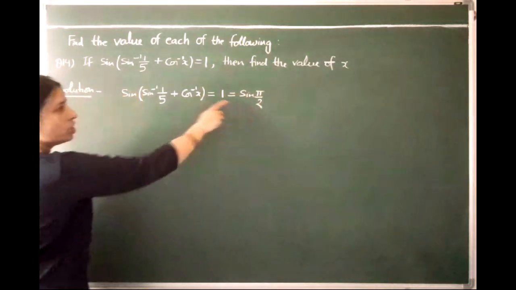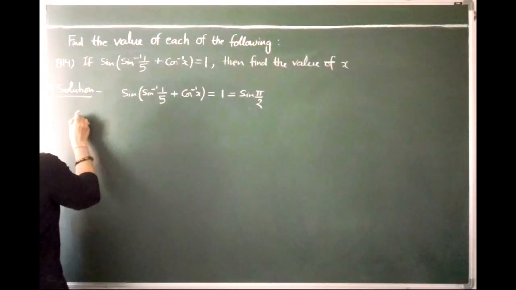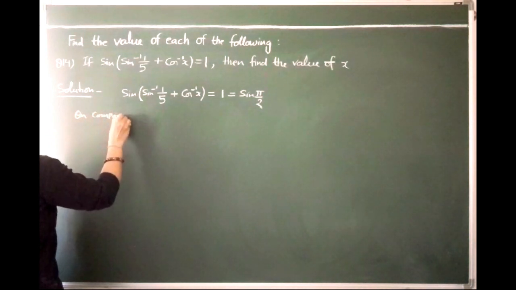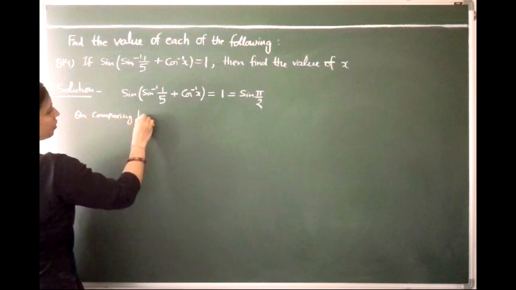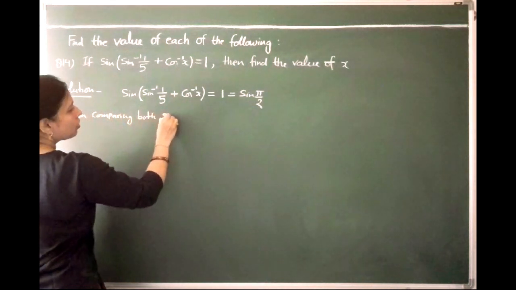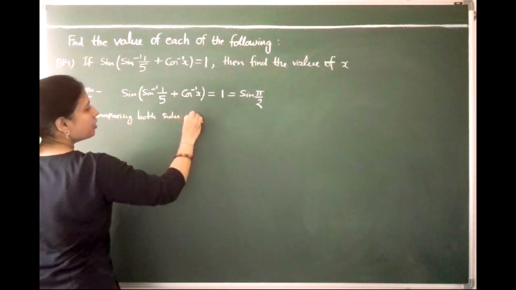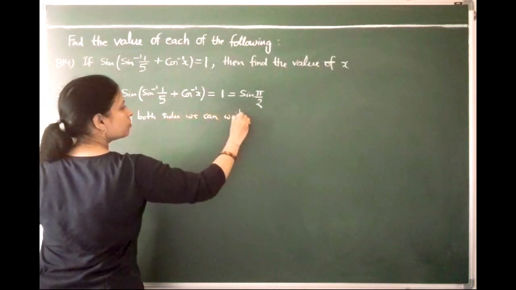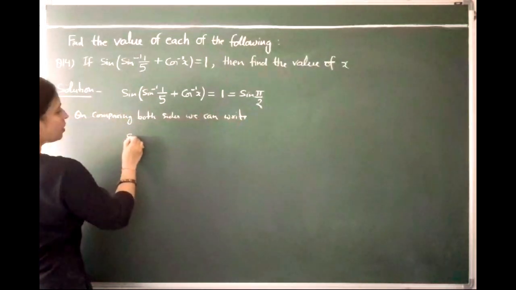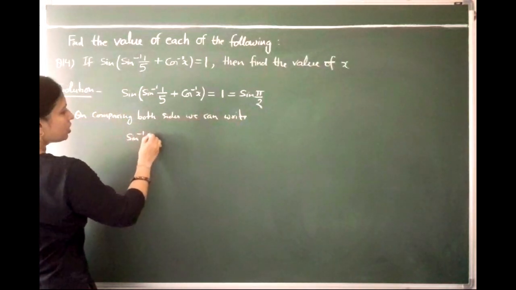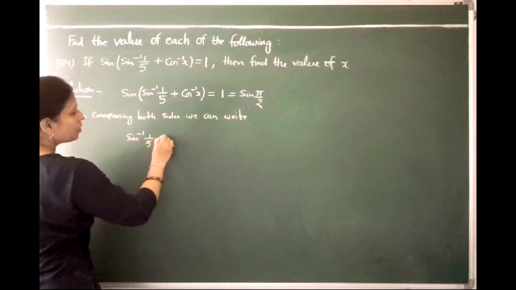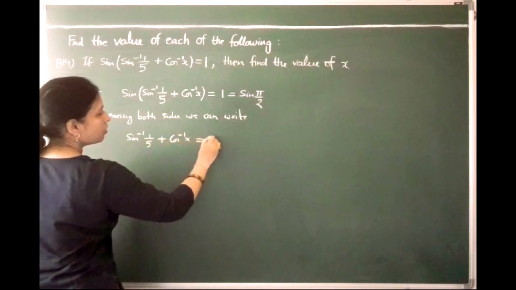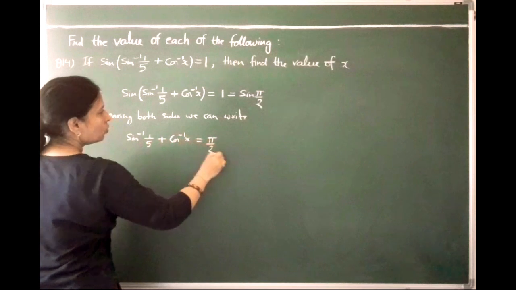On comparing both sides we can write sin inverse 1 by 5 plus cos inverse x is equal to pi by 2.